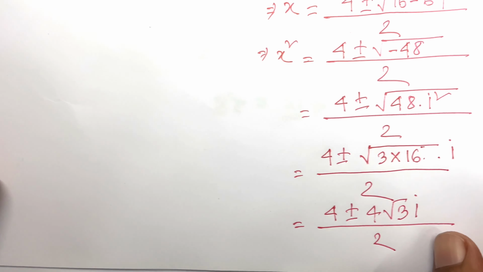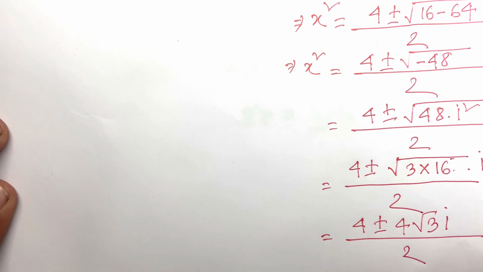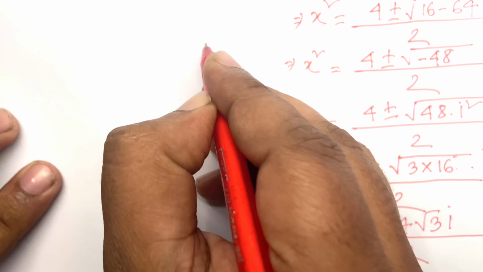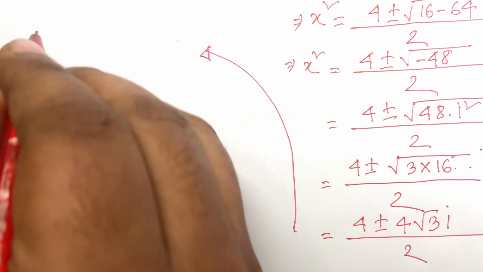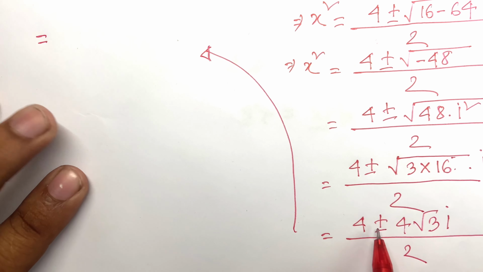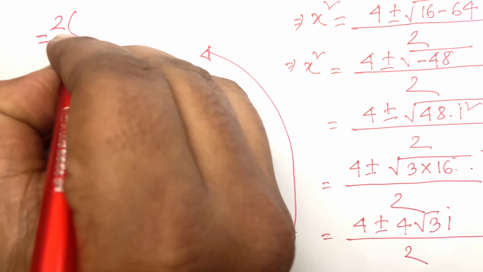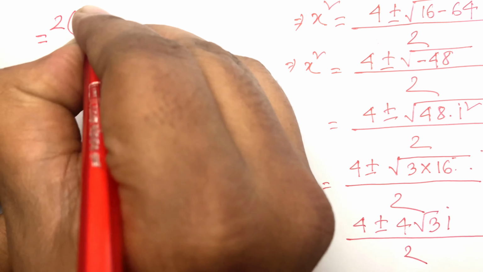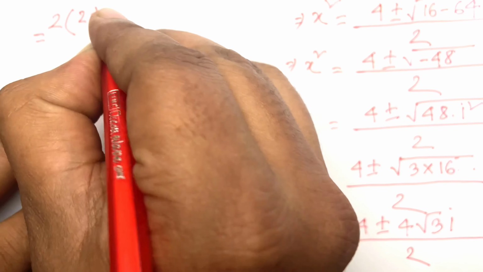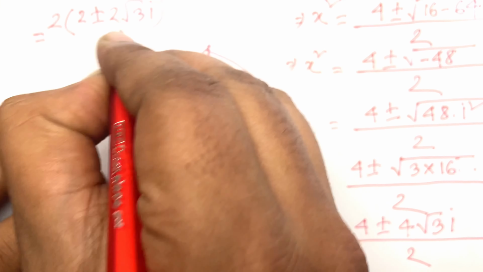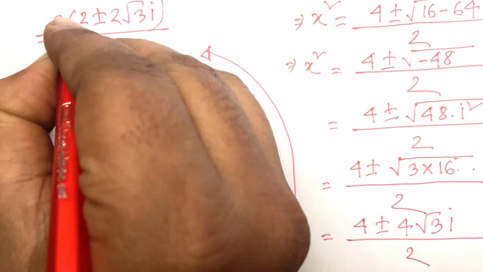Now I can say 2 is common, so 2 plus minus 2 root over 3i over 2. So 2 is cancelled.